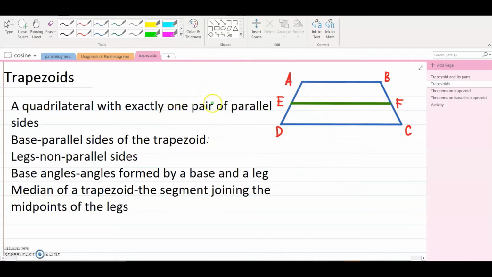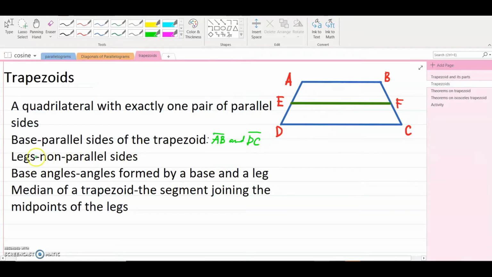So the bases for this trapezoid are line segment AB and line segment DC. So these sides are the parallel sides.